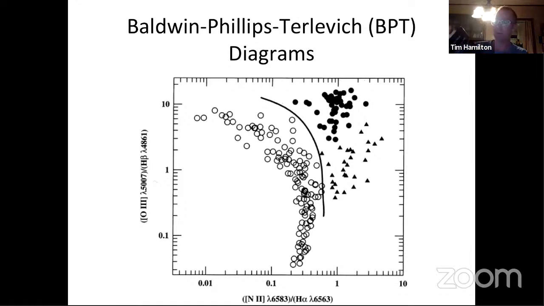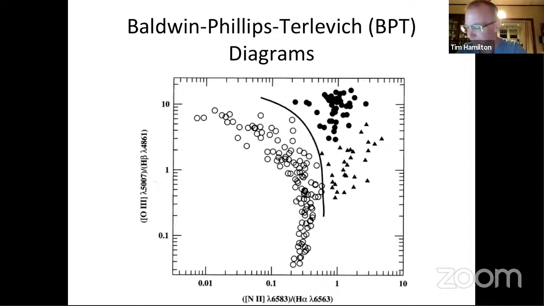This is a useful book if you're doing spectroscopy. It's in the camera here: The Astrophysics of Gaseous Nebulae and Active Galactic Nuclei by Donald Osterbrock and Gary Ferland. This is a really standard book on this.